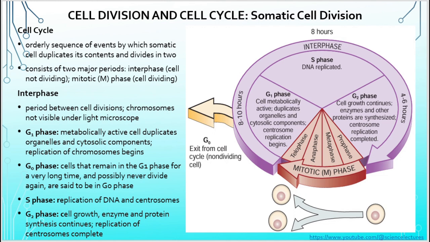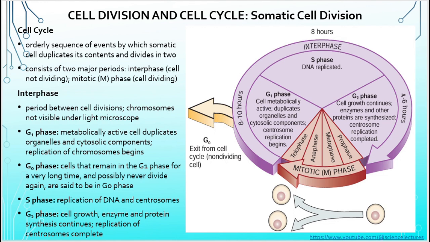Interphase consists of three phases: G1, S, and G2, as you can see in the figure on our slide. The S stands for synthesis of DNA. Because the G phases are periods where there is no activity related to DNA duplication, they are thought of as gaps or interruptions in DNA duplication.